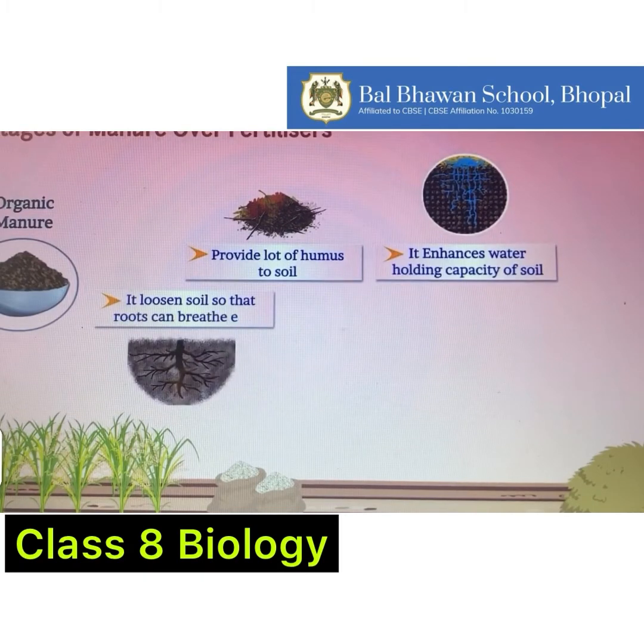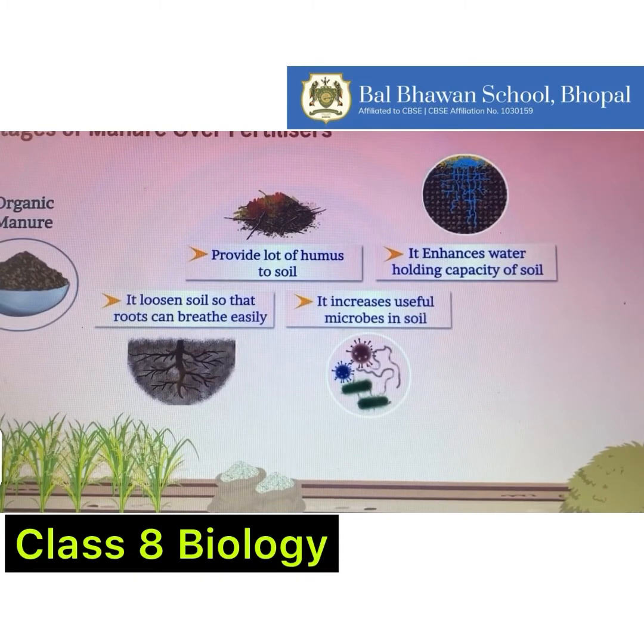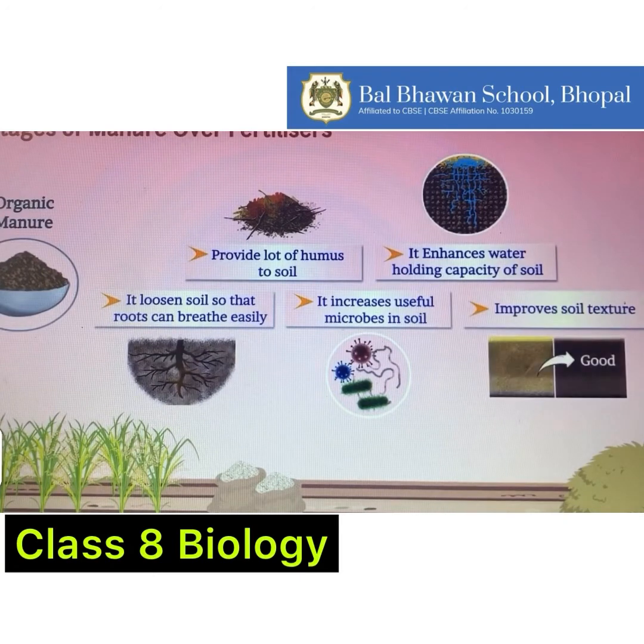It loosens soil so that roots can breathe easily. It increases useful microbes in the soil and it also improves soil texture. So, it is recommended to use organic manure for crop production.